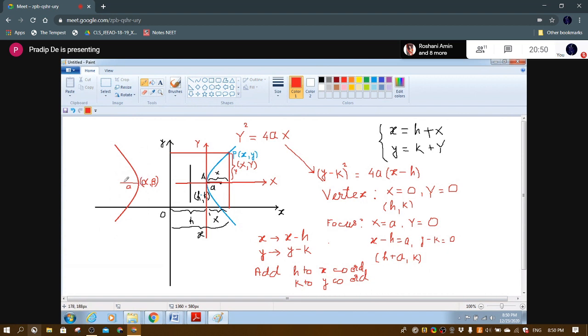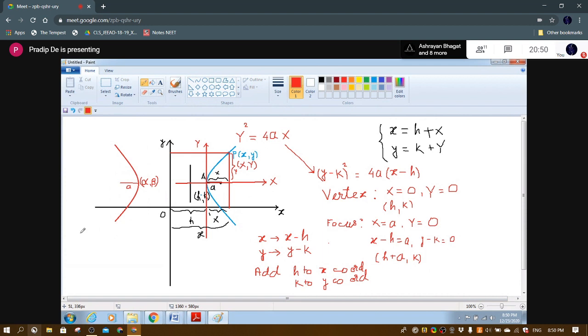Imagine the axis as the x-axis, and the origin is at the vertex. Then the equation would have been y square equal to minus 4ax. Now replace y with y minus beta and x with x minus alpha.